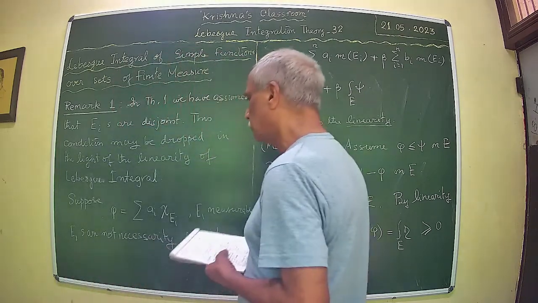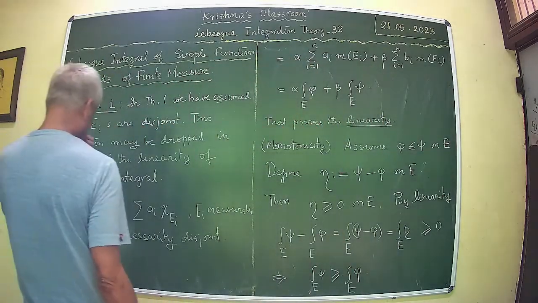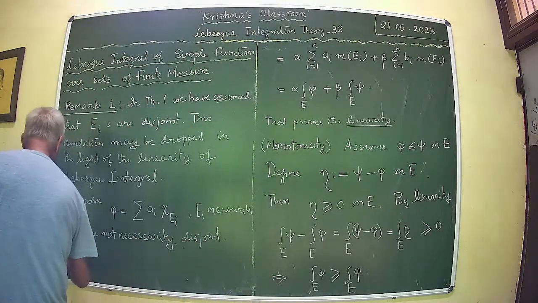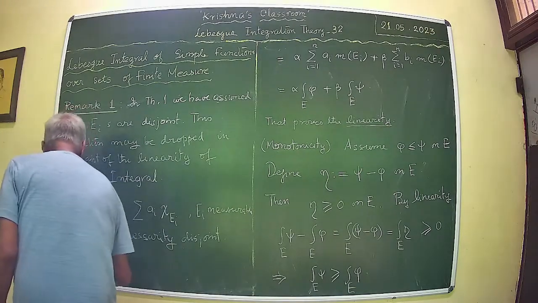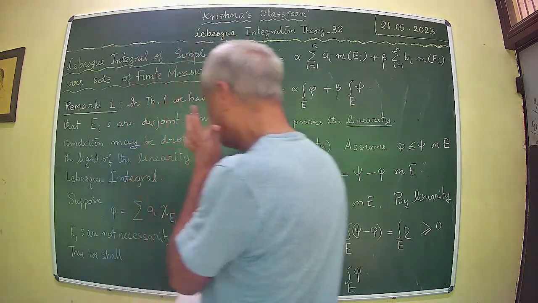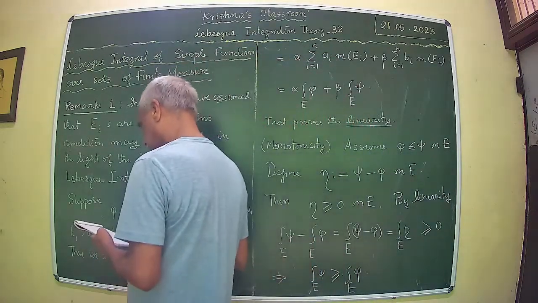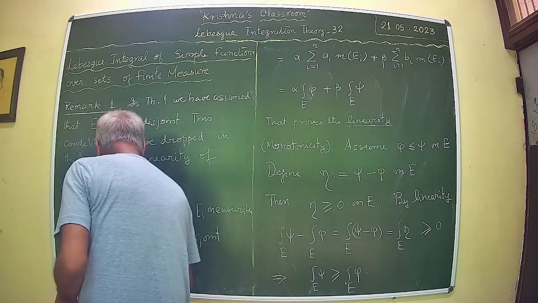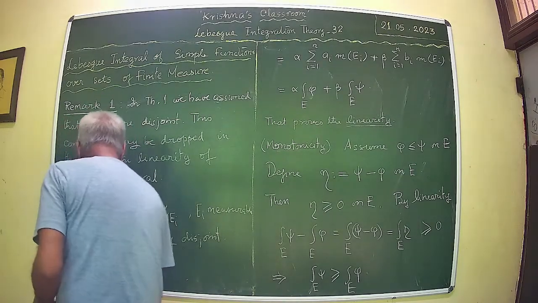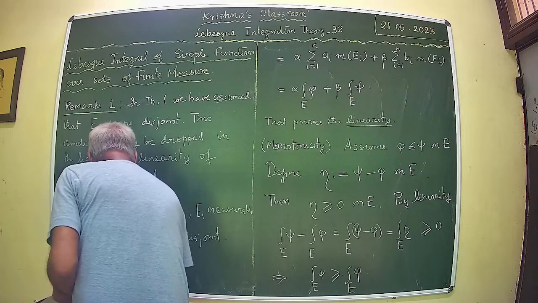Then what you can do is write phi as a sum of phi k.